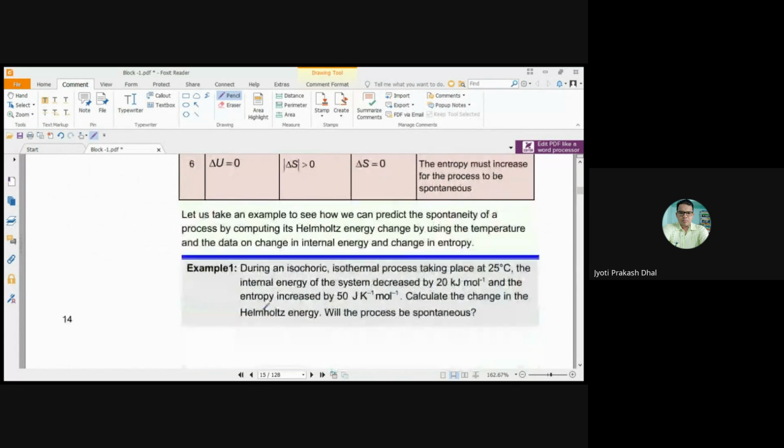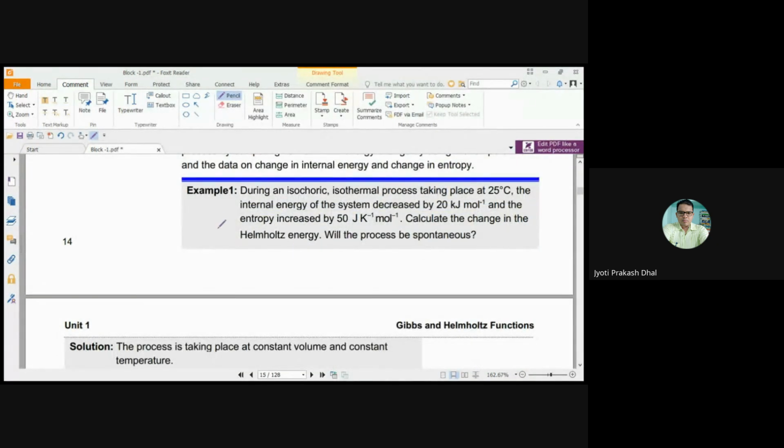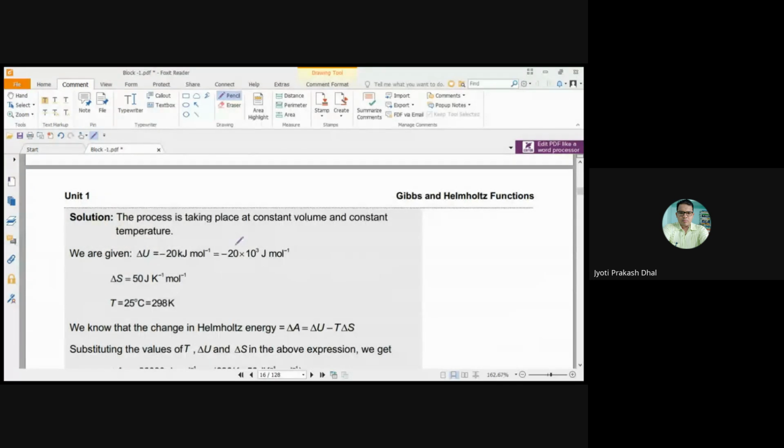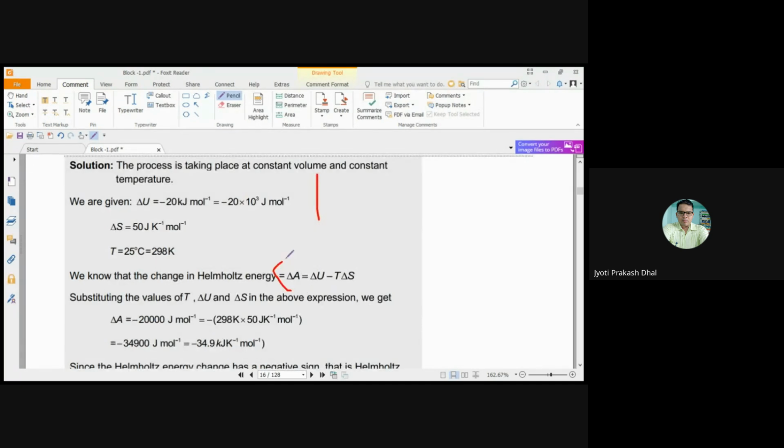You can find that out. And now coming to one example, which is a very easy example. You can solve the example using this equation, that is del A equals del U minus T del S.